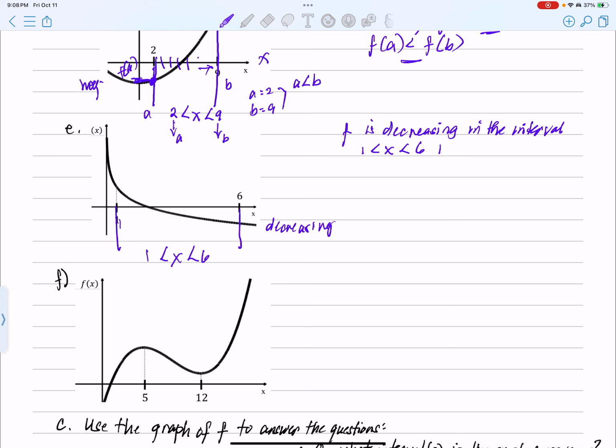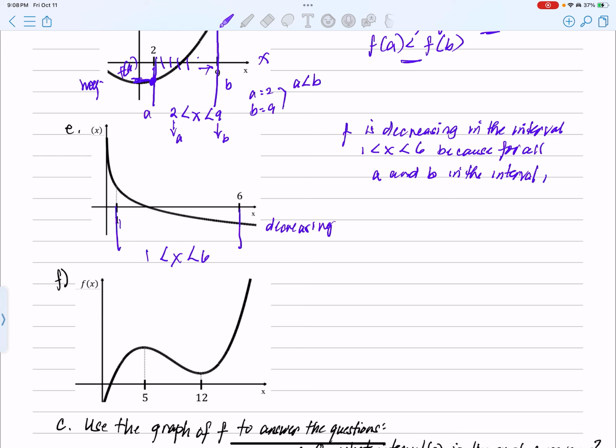Then you would say "because for all." Please remember this because this is how you justify your answer. You start with A and B, because for all A and B in the interval. When you say in the interval, you look at the x-axis, or the input values.